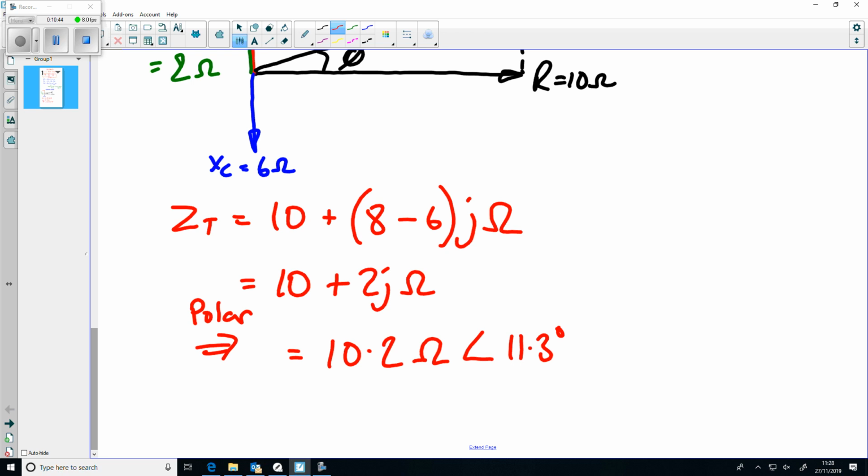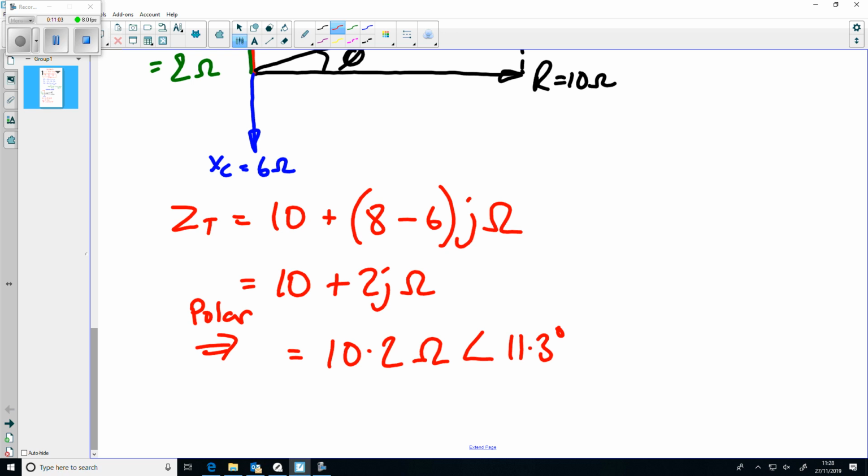You can't see that from 10 plus 2j. You can make an estimate: because 10 is the larger quantity, it's going to be closer to 10 than to 2. But other than that, you don't know. So polar form is always the final answer form.